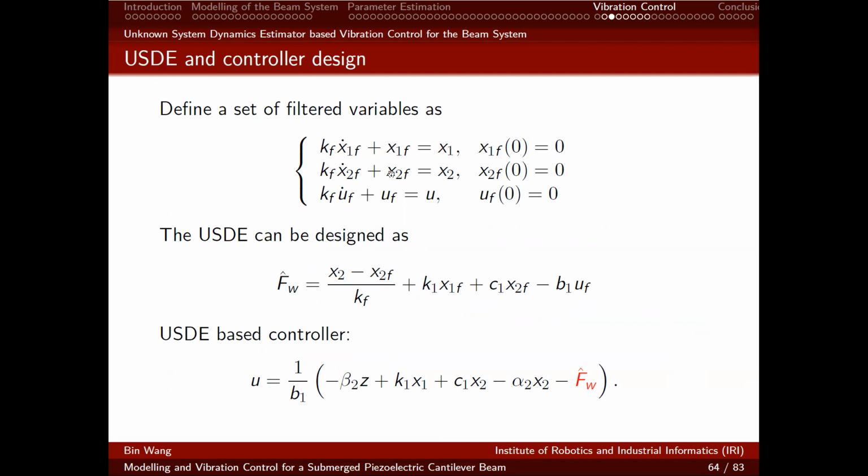To achieve this, we define a set of filter variables by using a low-pass filter. So we can design the USDE by using the filtered variables. After we compute the unknown dynamics, we can compensate for the unknown dynamics in the USDE-based controller in a feedback control.